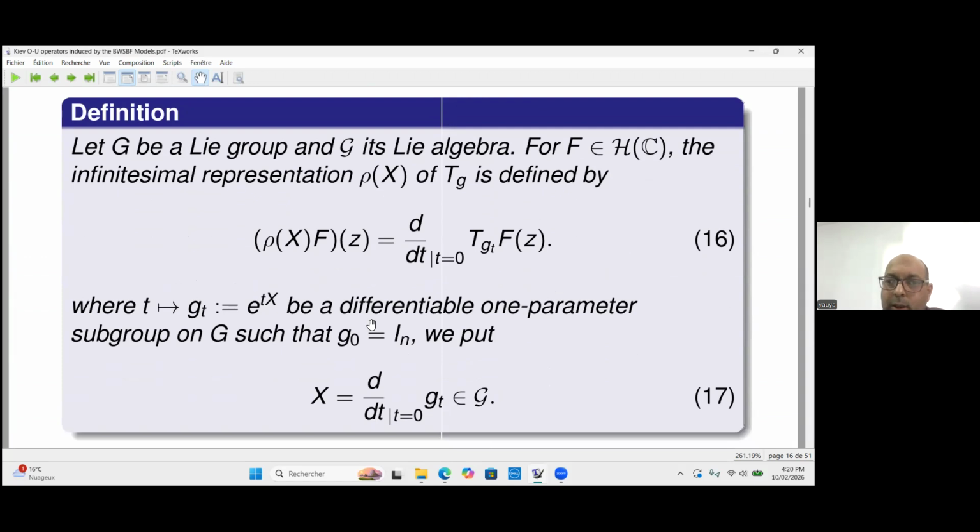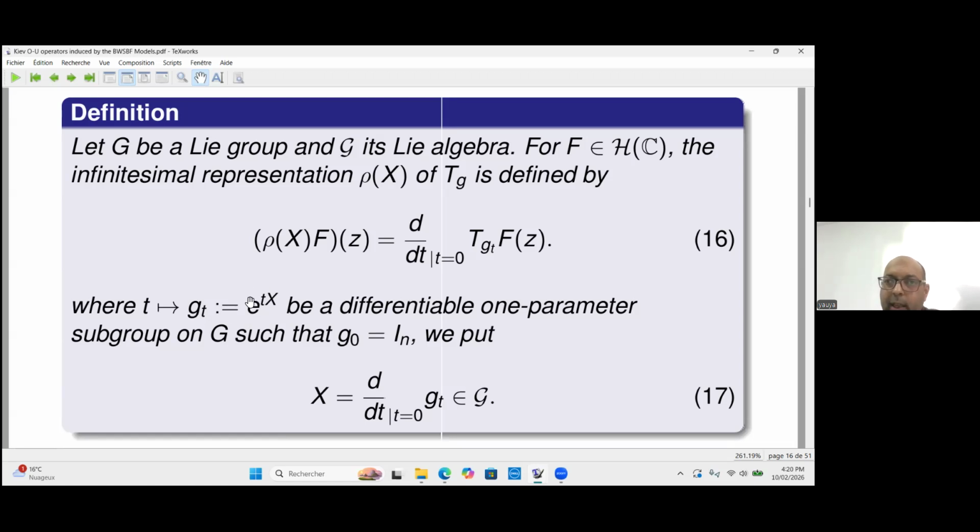Just to introduce quickly the Lie algebra, it is the set of all X, of all complex matrices, such that exponential tX belongs to the group J, because here we consider a subgroup of matrices. And the Lie algebra is the set of all x that are in our group J.